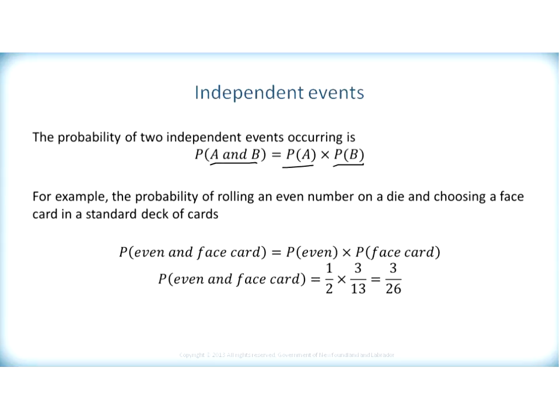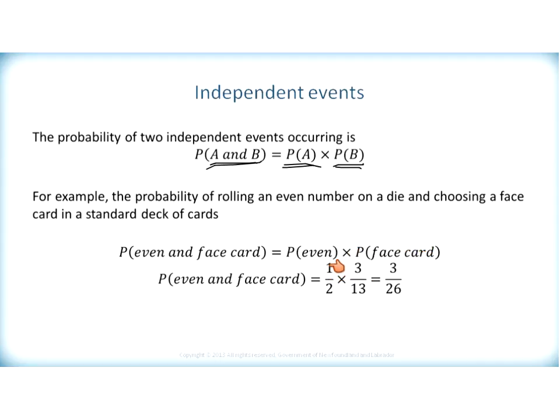So let's look at another example. The probability of rolling an even number on a die and choosing a face card in a deck of cards. This may be a little bit harder to draw with a tree diagram, so we have to use that the probability of A and B is equal to the probability of A times the probability of B. So the probability of getting an even and a face card is the probability of getting an even number times the probability of getting a face card.